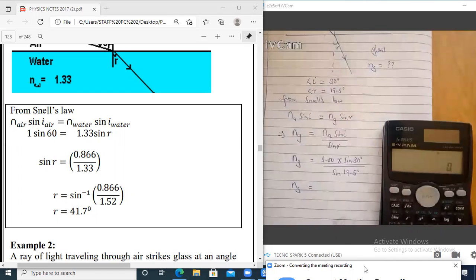I have a question. Yes, Alexandra. Teacher, the question says that a ray of light is incident onto a glass at an angle of 30 degrees from air.